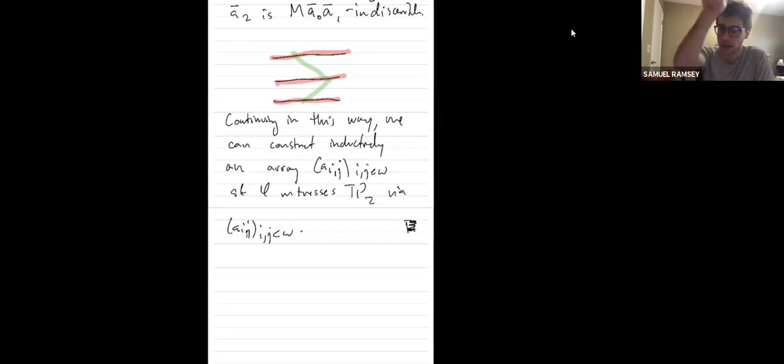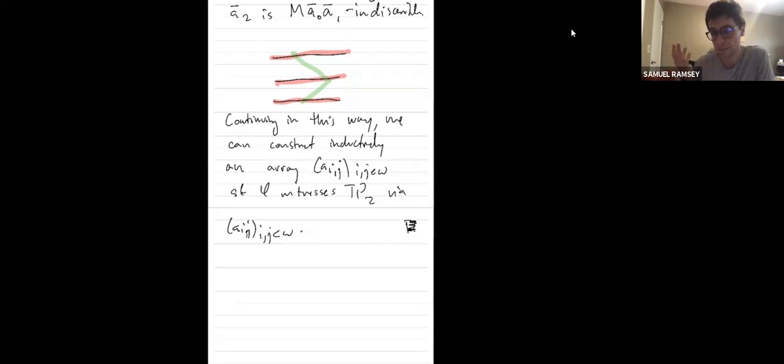So that tells me that paths through my array that I'm building step by step will be consistent. But every row realizes the same type over M as the initial sequence that I took that witnessed that the formula divided. As a consequence, we get that it's k-inconsistent along each row, and that's exactly what it means to have k-TP2.